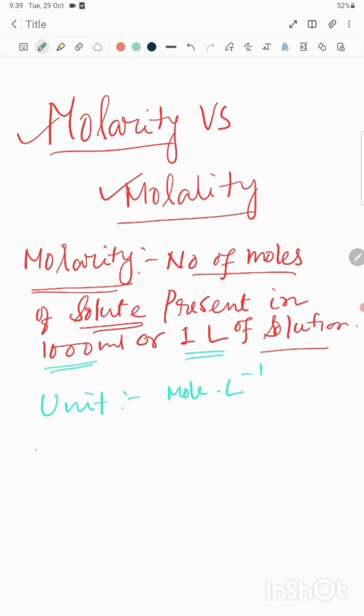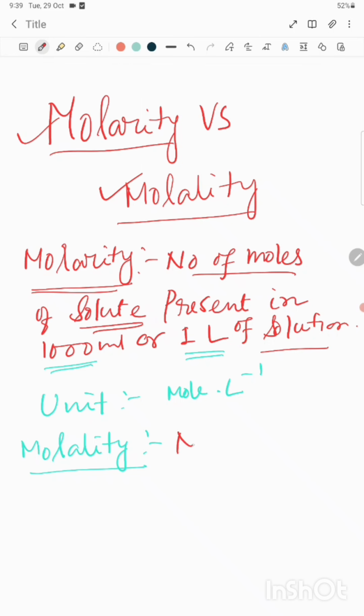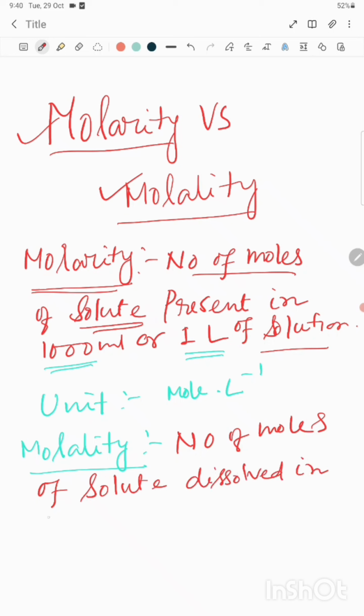Now the next one is molality. In this case, what will be the definition? Number of moles of solute dissolved in 1000 gram or 1 kg of solvent.